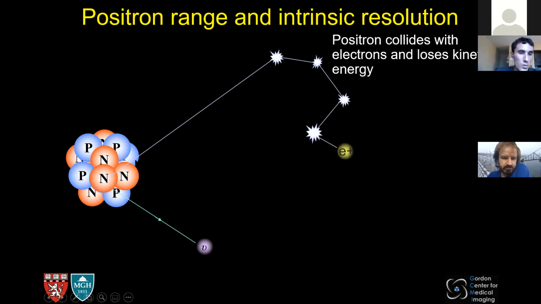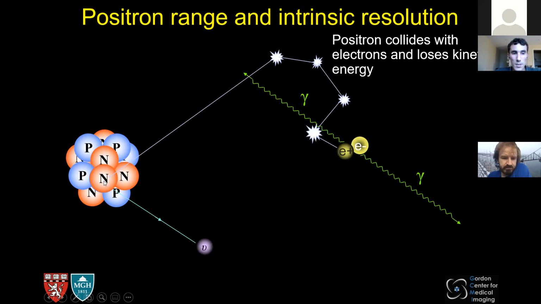The positron that is emitted is given some kinetic energy during the emission, and it can only annihilate with an electron when it has lost all of its kinetic energy.